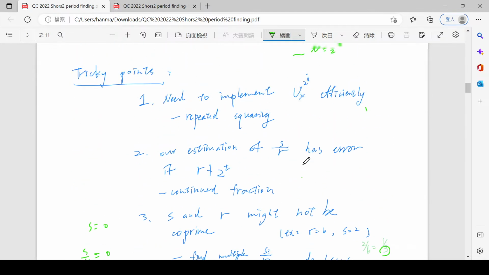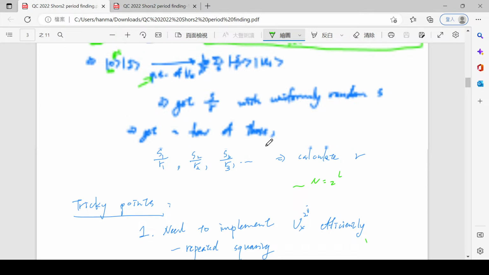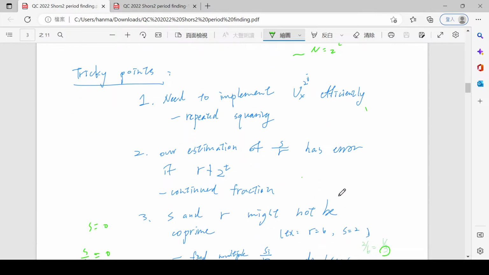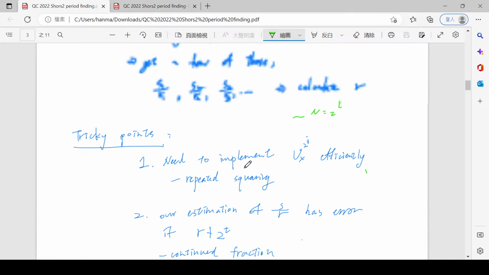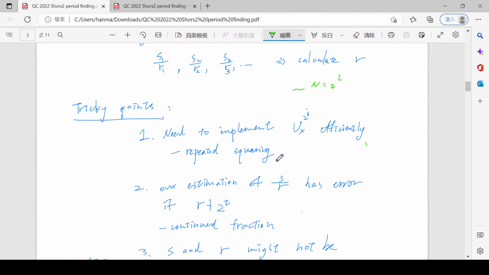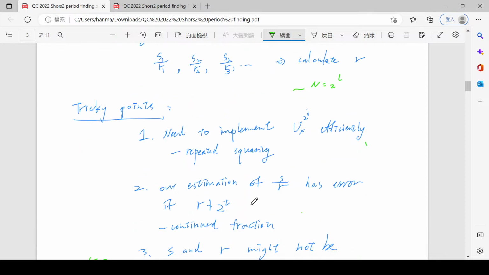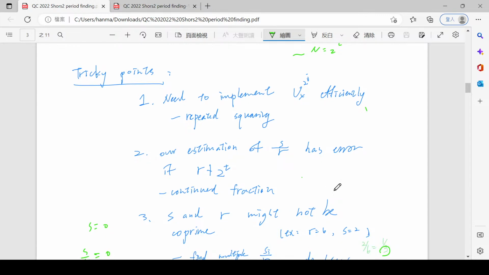We see that there are several problems. First, you need to do the multiplication very efficiently, and we see that you can do that by repeated squaring. Also, s over r might not be a binary fraction, so there will be some error, and we see that you can use continued fractions to get rid of that.